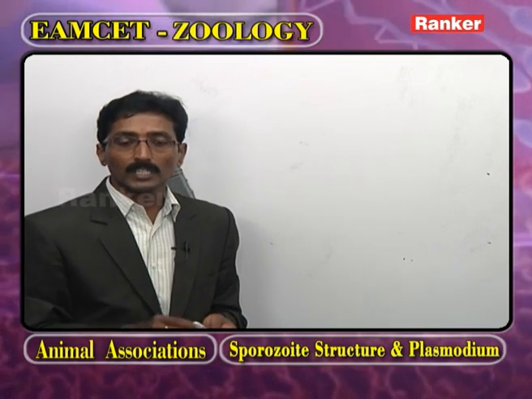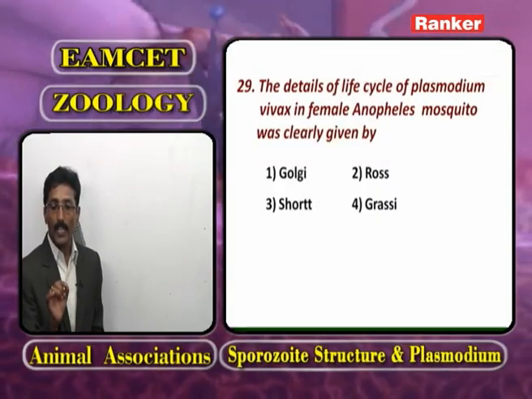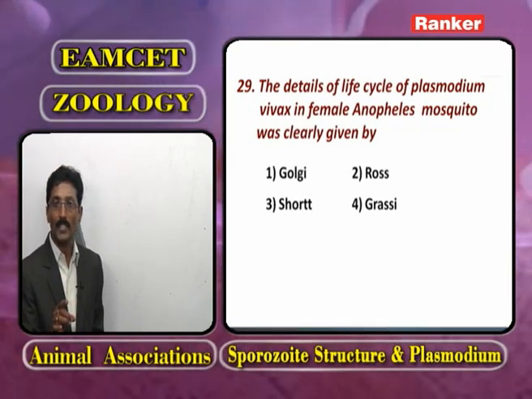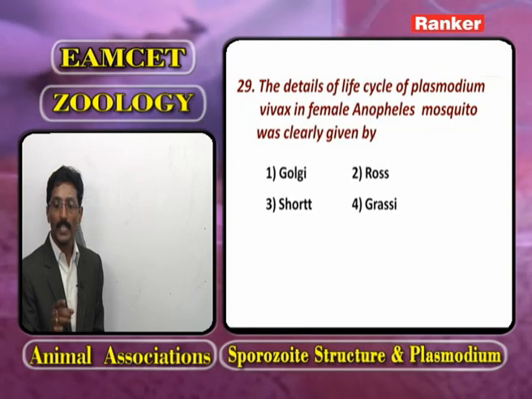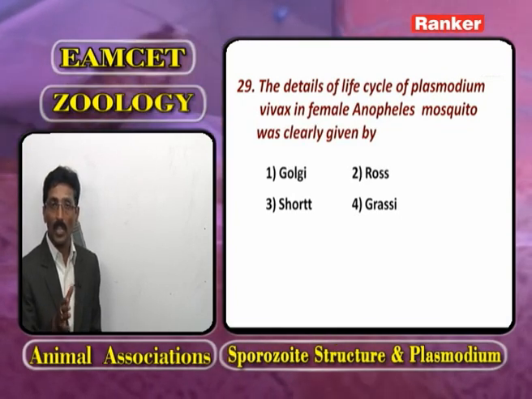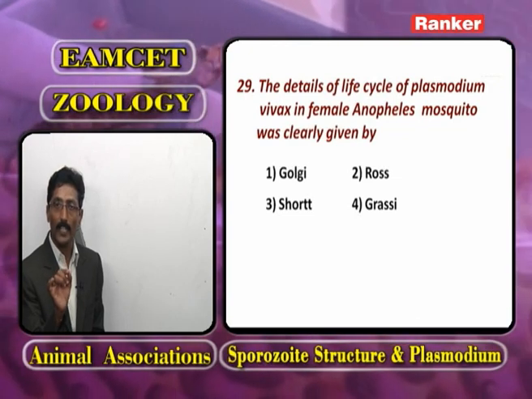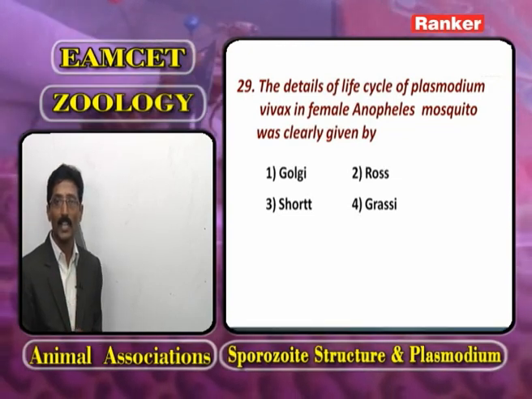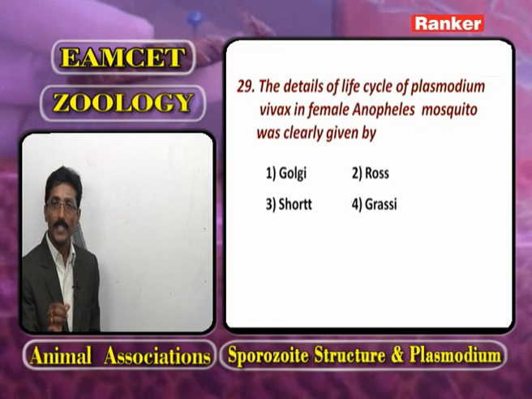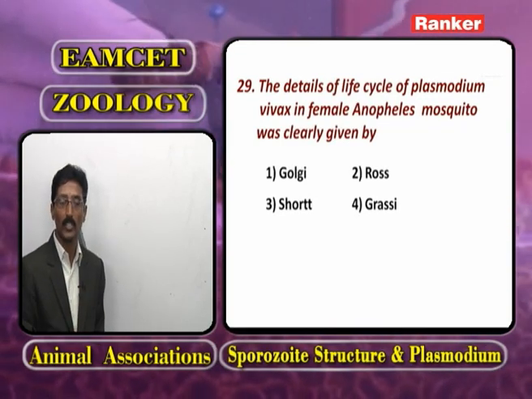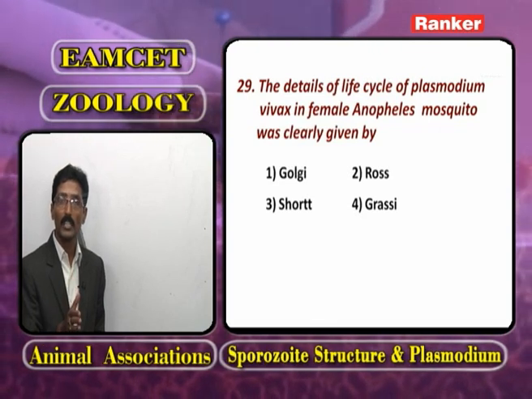Now here, what is the question? The life cycle of Plasmodium vivax in the female Anopheles mosquito was explained by Grassi. Golgi explained Plasmodium in the RBC of man. Ross identified the oocyst on the stomach wall of the mosquito.